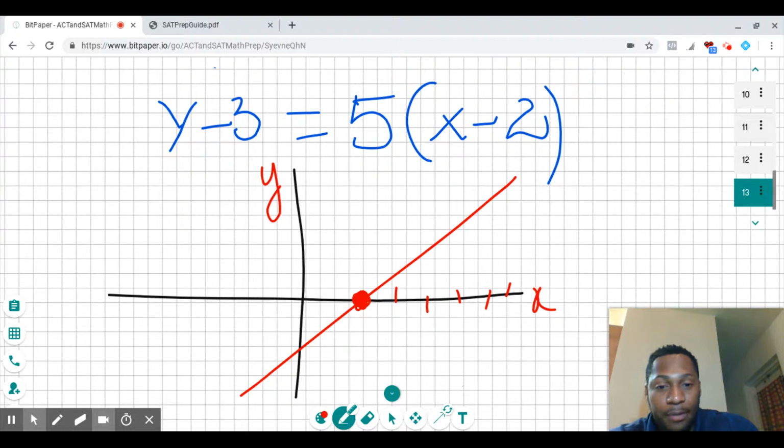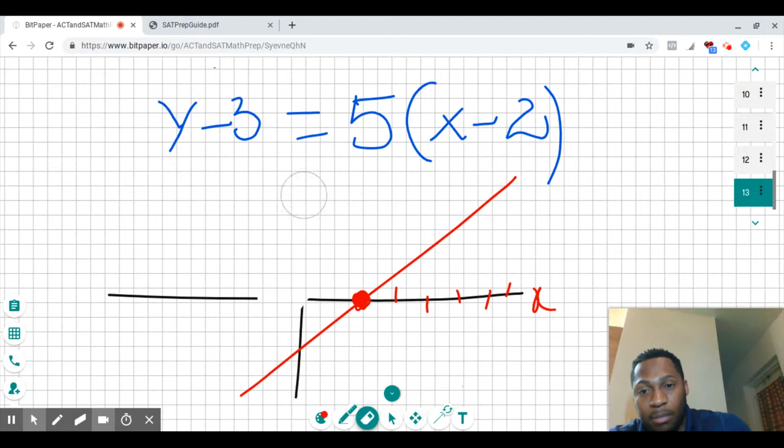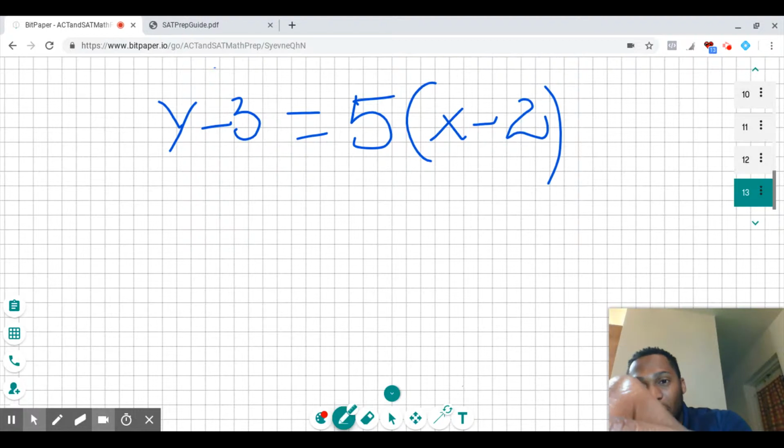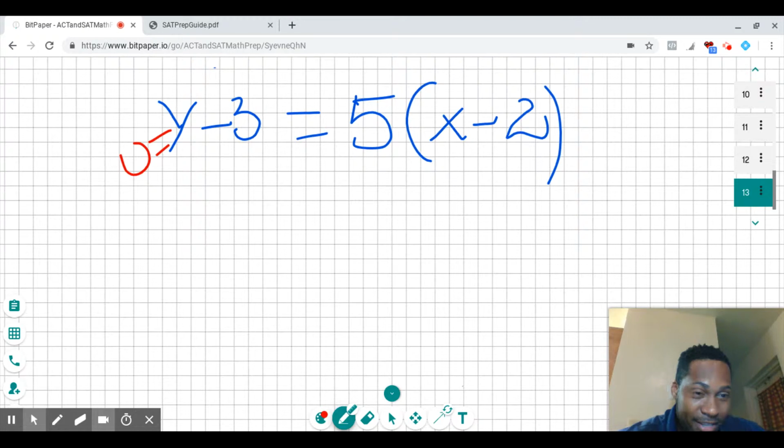So now, let me erase this for a little bit. This was for explanation purposes only. What we have to retain in this case is that the value of y is equal to 0. That means this y right here is equal to 0. Okay? So that's all we have to do.